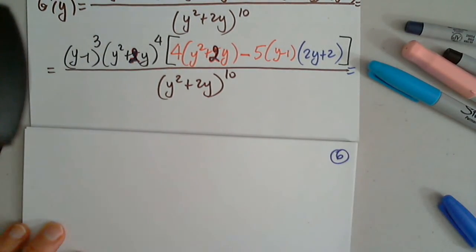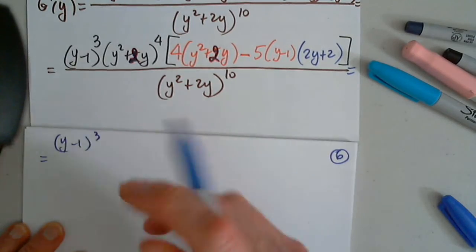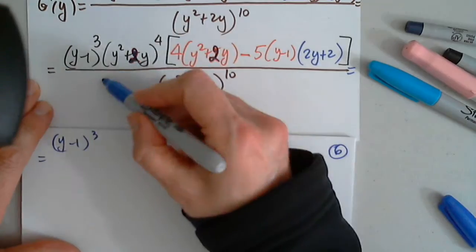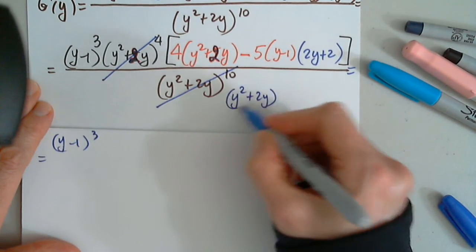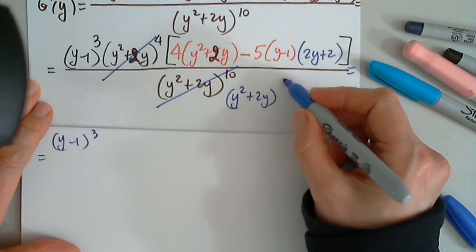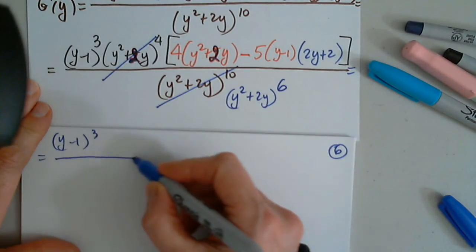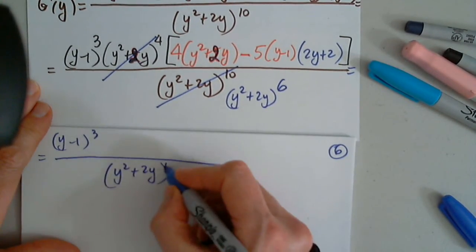Thank you. Okay, so then y minus 1 to the third power. 4 from these will go away, so we have y squared plus 2y to which power? 6, very good. So then we have y squared plus 2y to the 6th power.